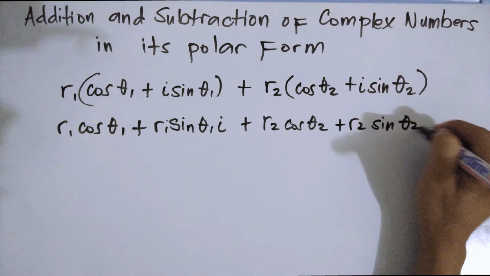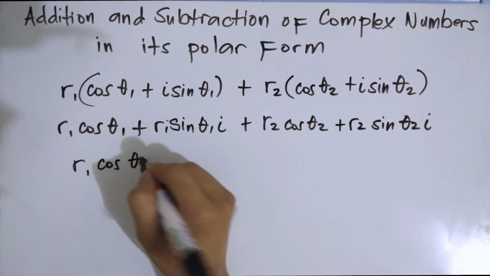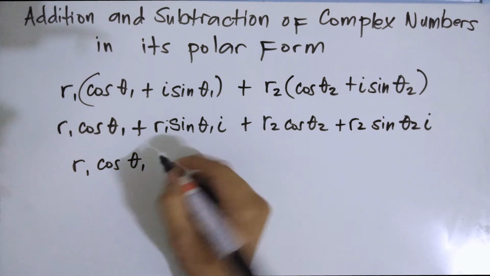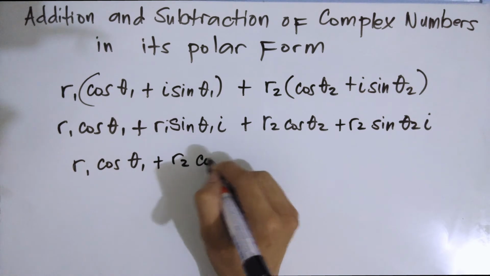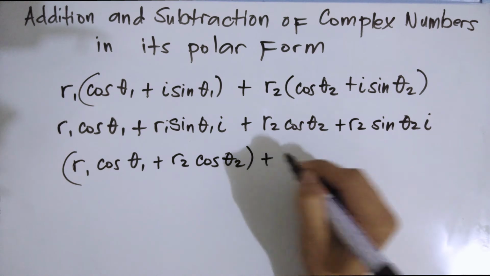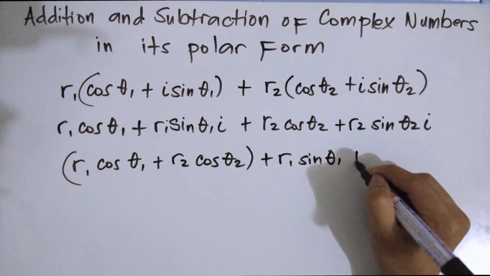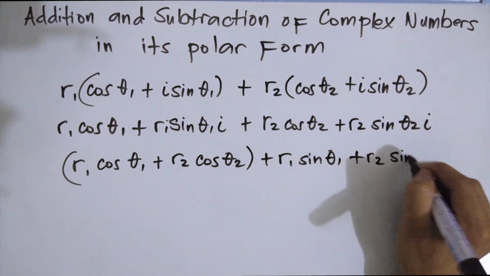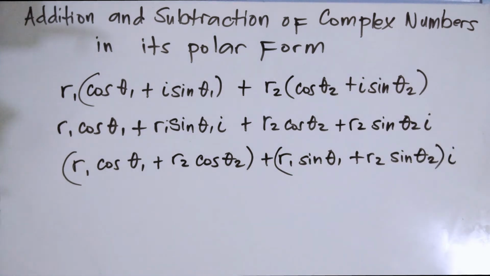Combining like terms, you will have r sub 1 cosine of theta sub 1 plus r sub 2 cosine of theta sub 2. For the imaginary part, this would be r sub 1 sine of theta 1 plus r sub 2 sine of theta 2. Multiply this by i. So there is no sense in creating a formula for addition of complex numbers.